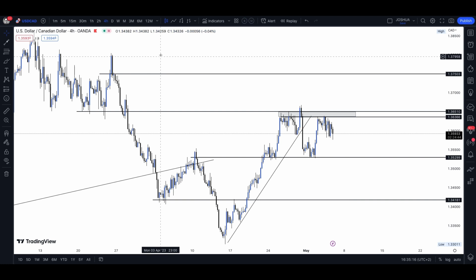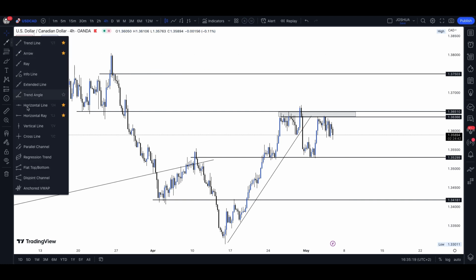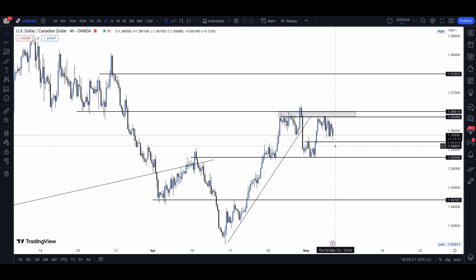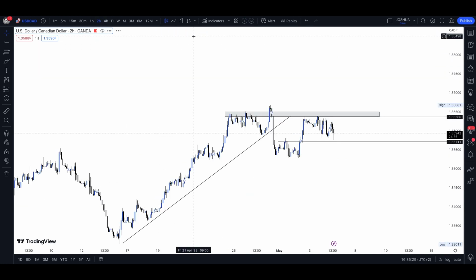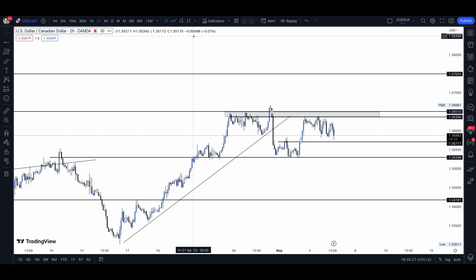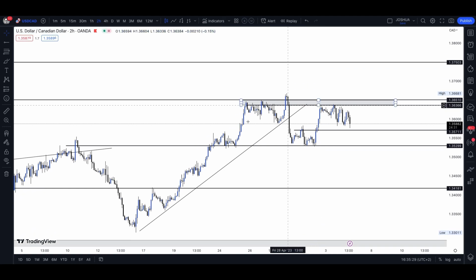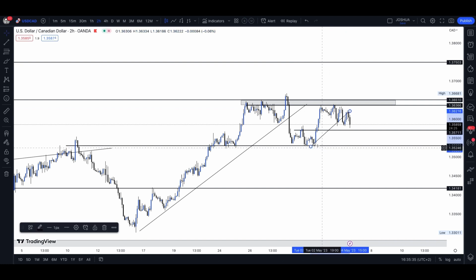What else are we able to see for our time frame? Switch back to the 2-hour time frame to get a clear picture of what we are looking at. So this is what we are currently looking at on USD CAD. We are having this point. The market disrespected this resistance, supporting trend line.